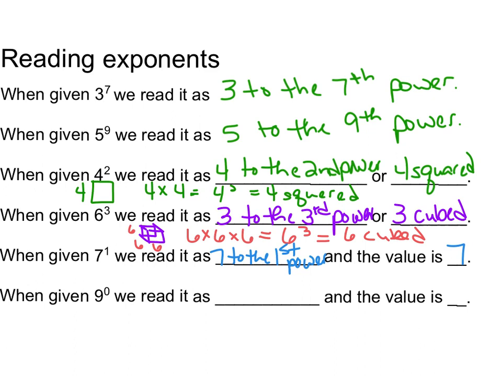So 7 is the factor, so it's one time. So make sure you do that. And then when you're given 9 with a 0, we read it as 9 to the 0 power. And the value is going to be 1. And that means that because you're not multiplying anything, that's going to be the value of 1.